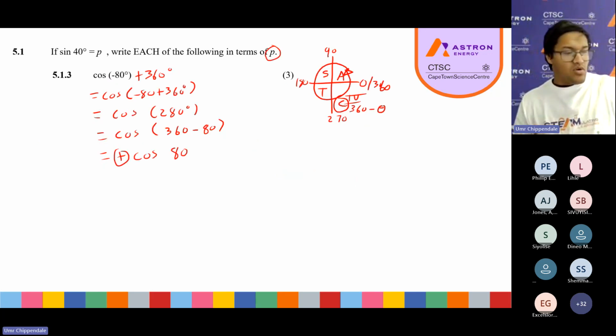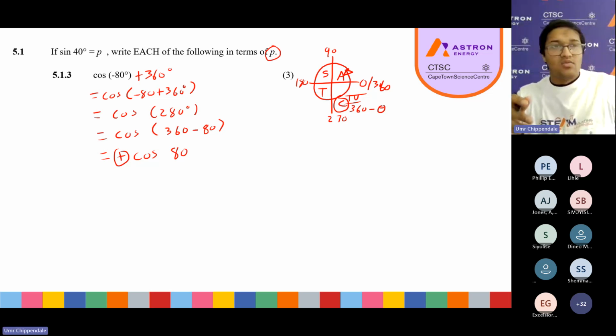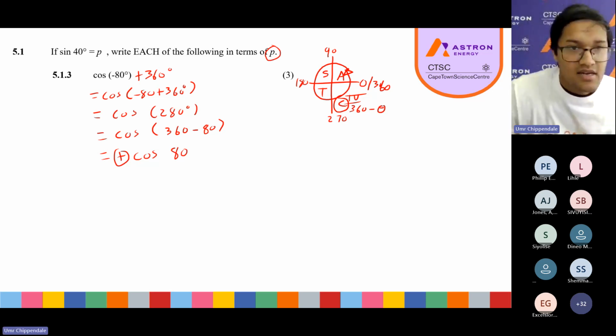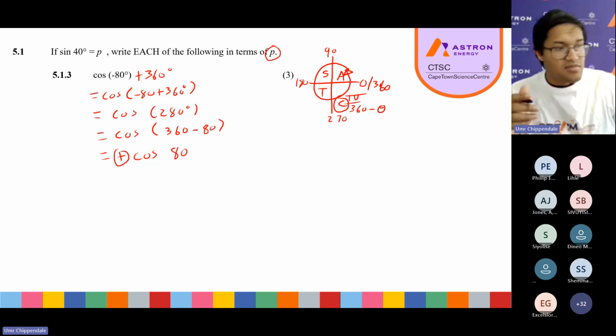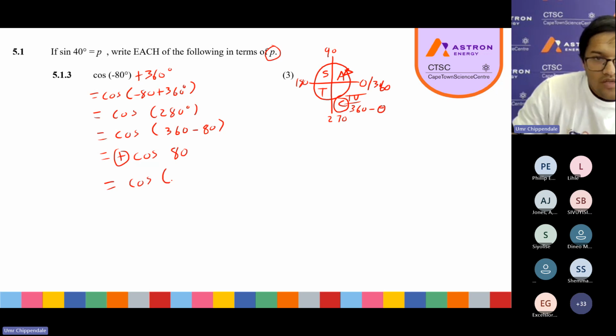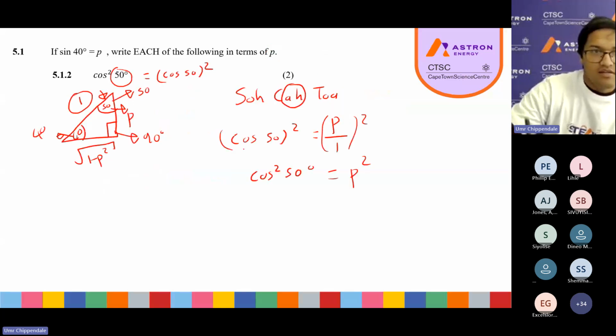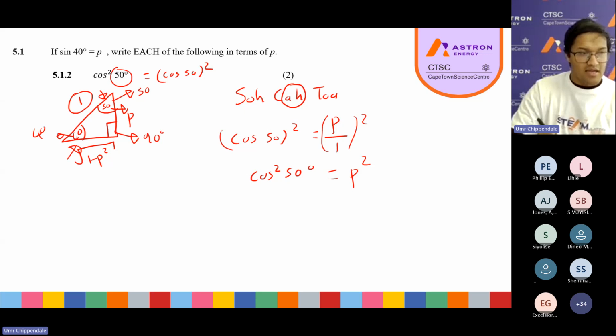So when we speak of cos of 80 degrees, that actually means we're going to deal with our double angles, right? Compound angles. And this is how it's going to be run. We can now say that this instead could be written as cos of 2 times 40. Right? So see, now that is within our triangle.